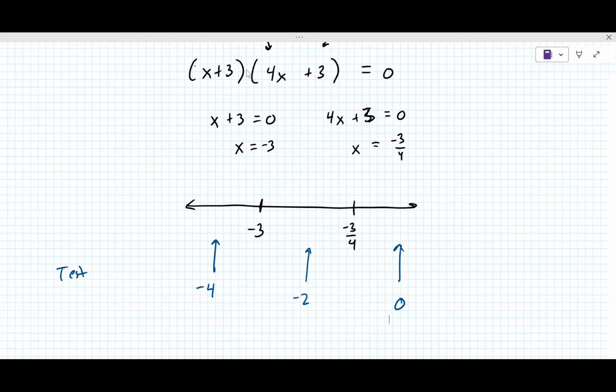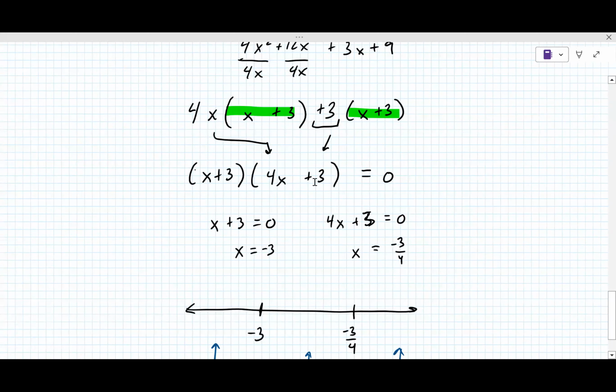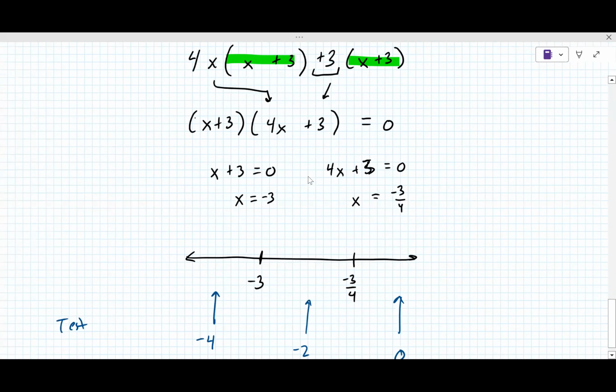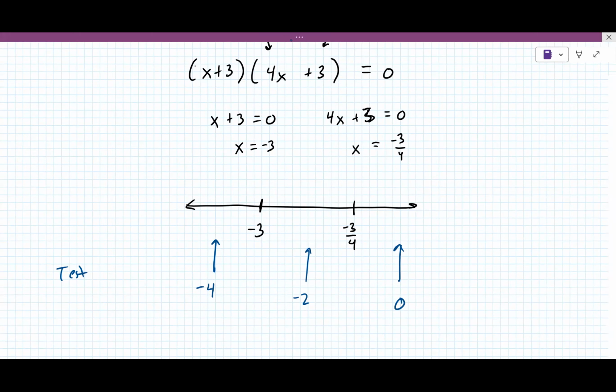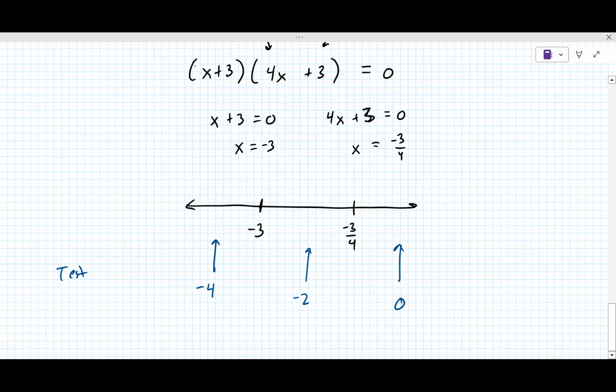So -4 plus 3, and then you got to put in the other one as well. So that means it's going to be like 4x times the -4, basically. I got +13.